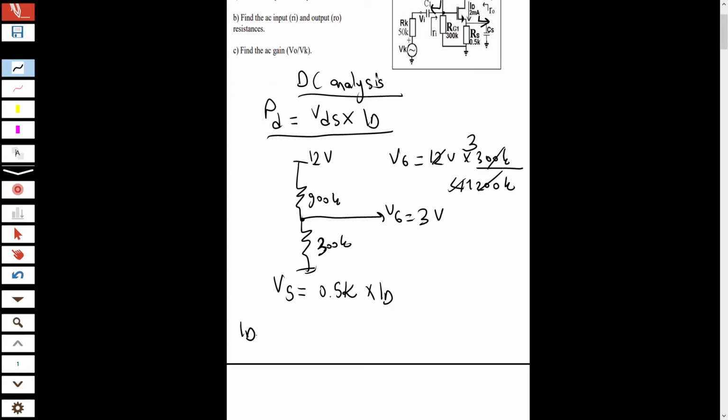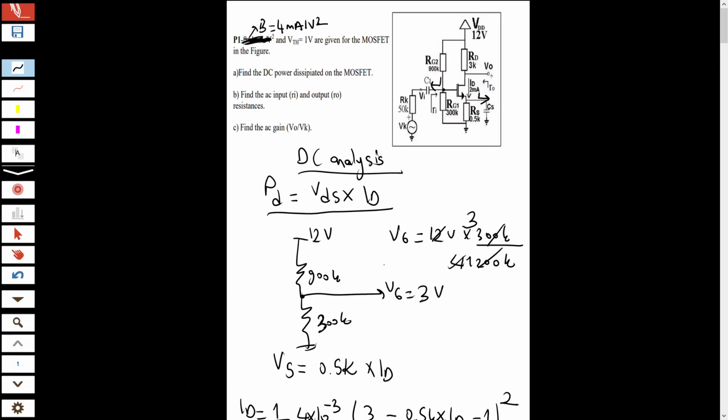ID equals beta, means Kn, 4 milliampere per volt square, times VGS, which I know VG, which is 3, minus 0.5k times ID, which is V source, minus V threshold, which is 1, square.